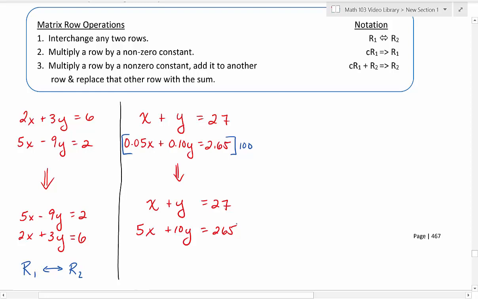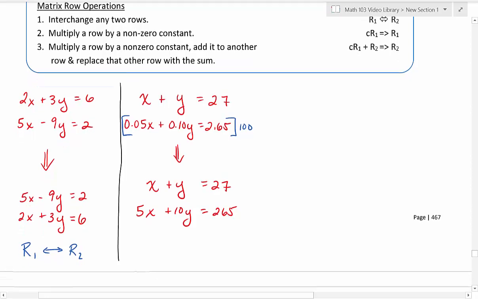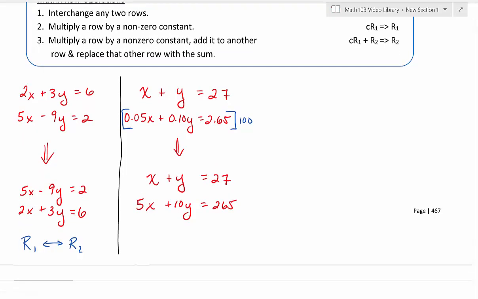This move here is what this second row operation is talking about. And to label this move properly, I multiplied the second row by 100 to get a new second row. So we would write that 100 times row 2 for a new row 2.